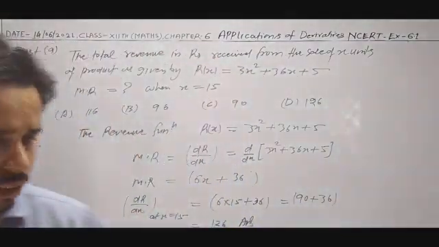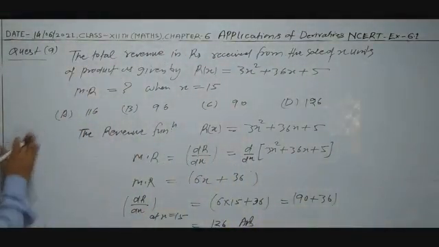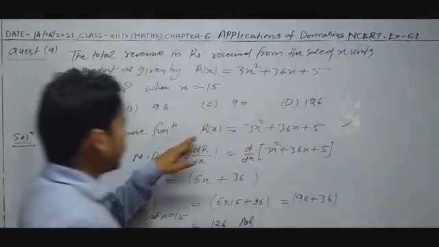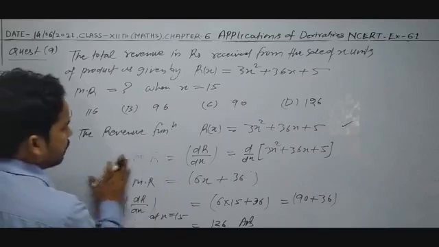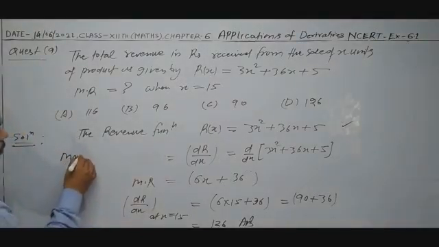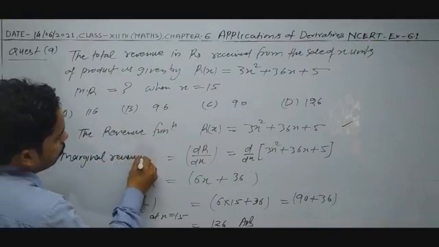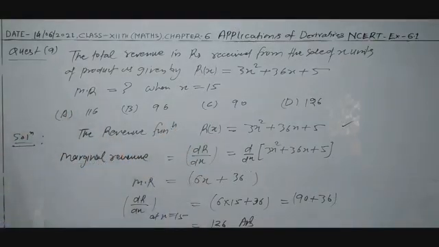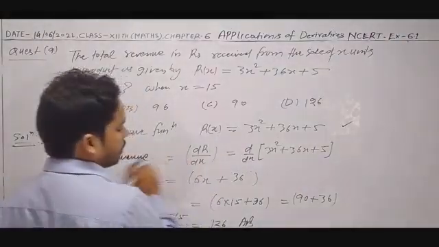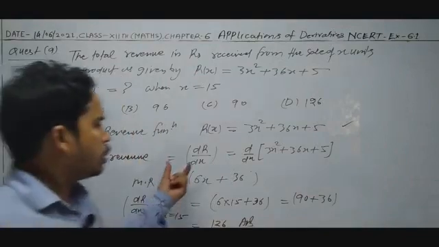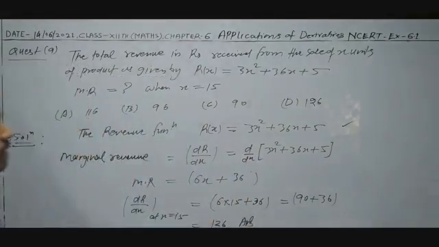So come to the solution. I have done the solution because this is so easy, I have to explain only. This is the revenue function I have written, and the marginal revenue MR means dR upon dx. Differentiate the revenue function with respect to the given parameter, and you get the result 6x plus 36.